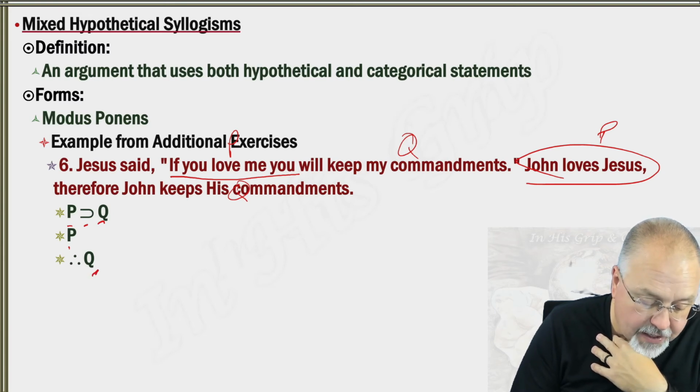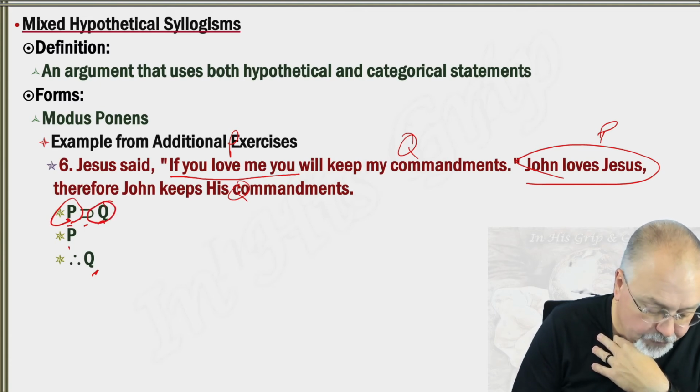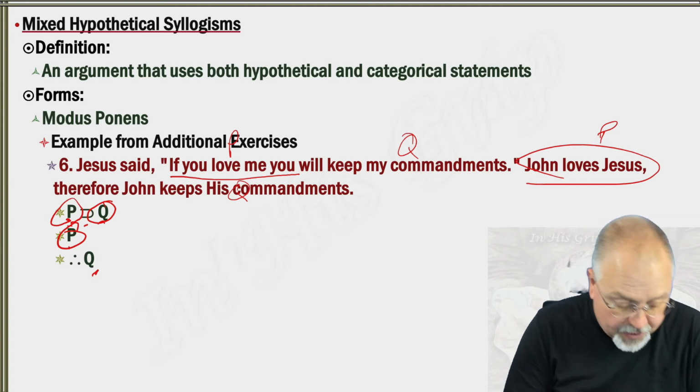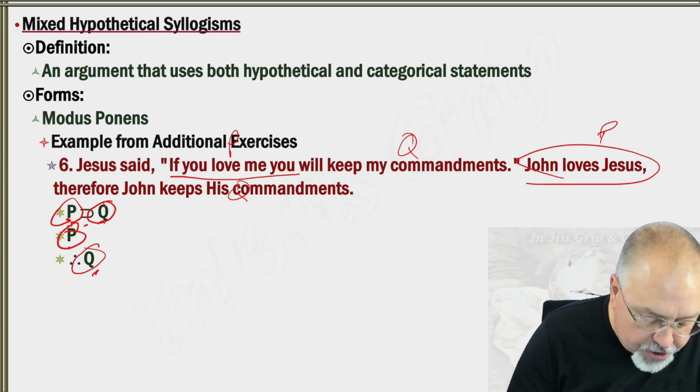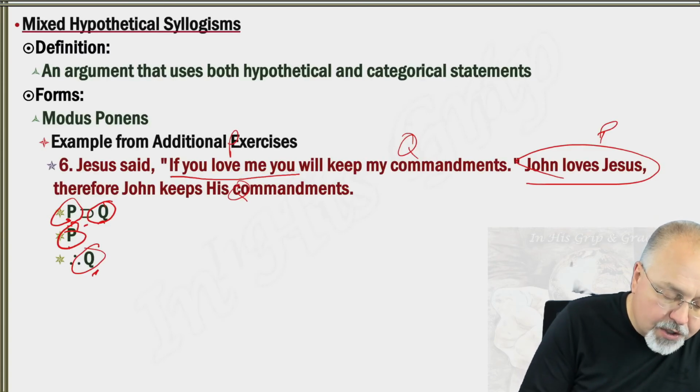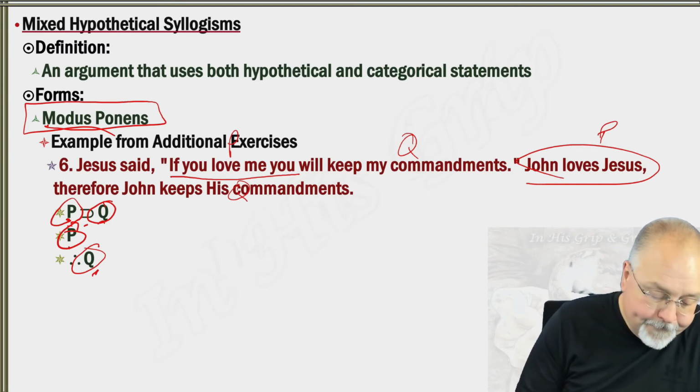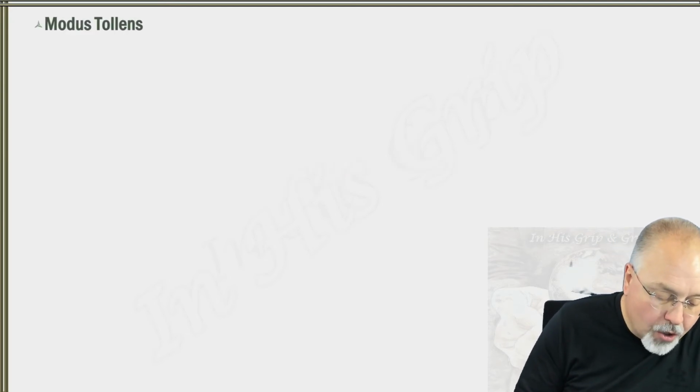So we'd say if you love me, you will keep my commandments. John loves Jesus, therefore John keeps his commandments. Okay? I'm sorry, let me back up. This is modus ponens, right?